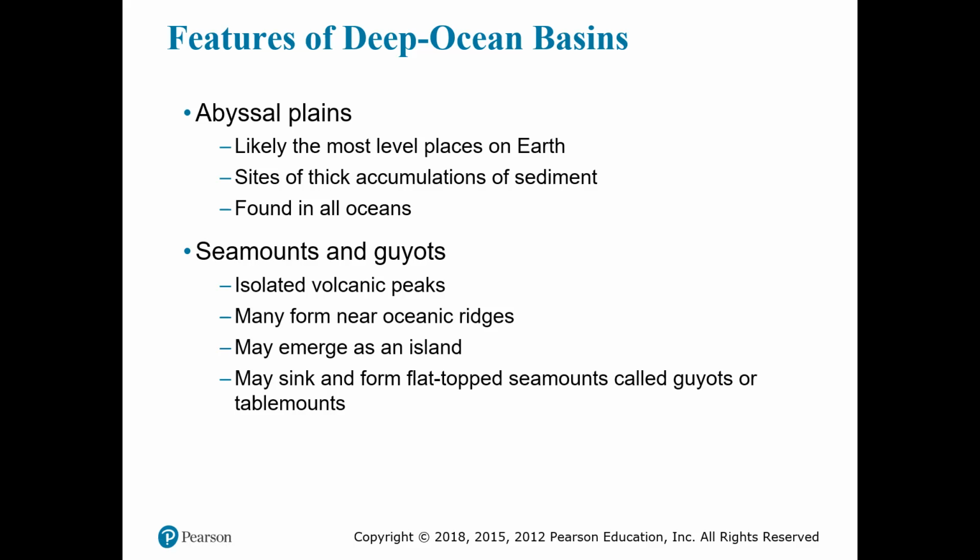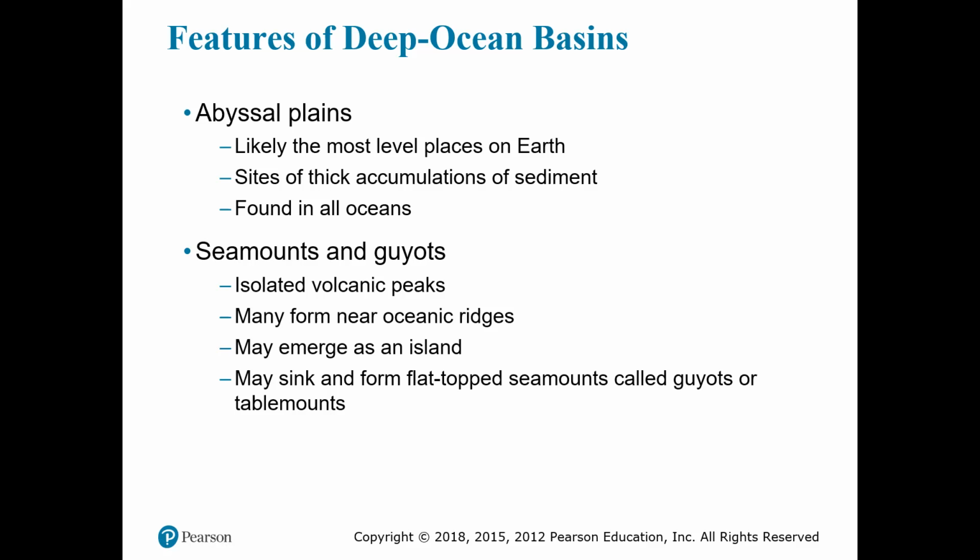We can also have seamounts, which are submarine volcanoes. They can rise, of course, hundreds of meters above the seafloor. It's estimated that there are more than 1 million of these seamounts, these underwater volcanoes. Some, like the Hawaiian seamount chain, formed over volcanic hotspots. Some are near oceanic ridges.